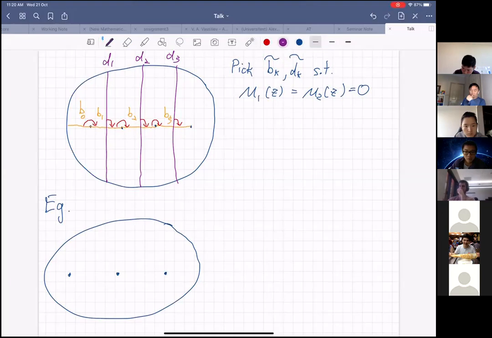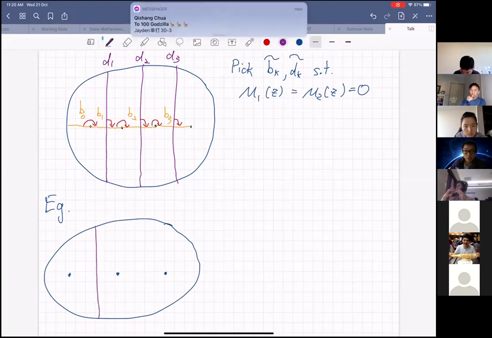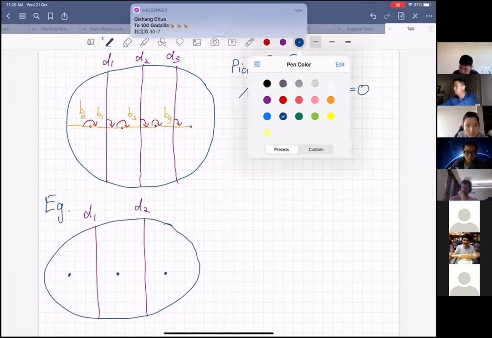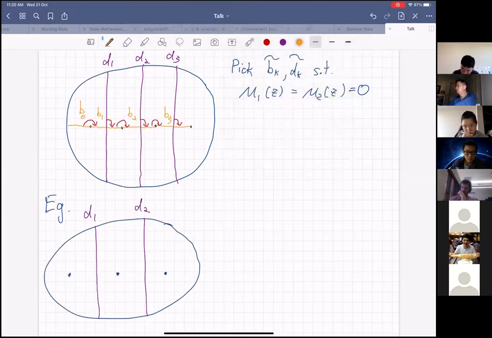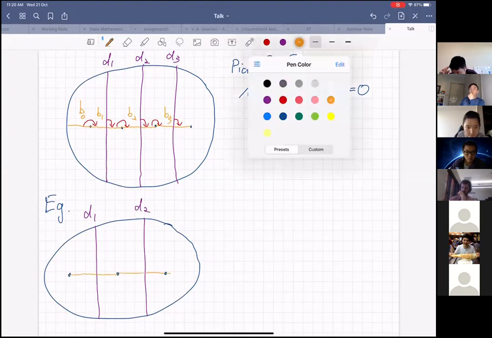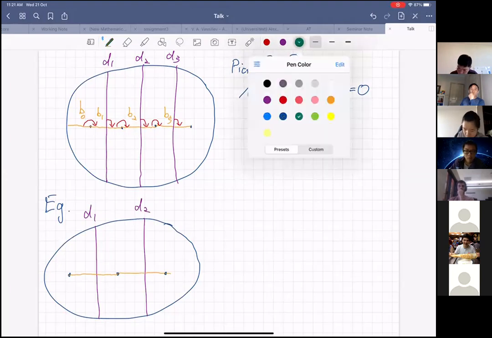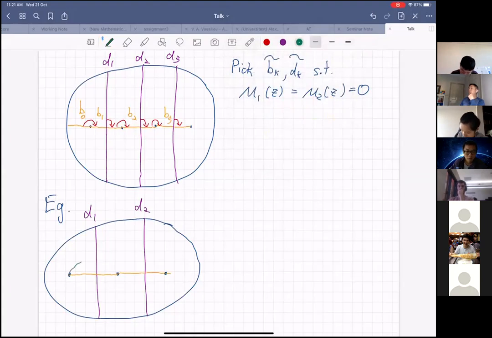And then I get my D1, D2, and my B here. Let's say we want to look at this curve here. Let me draw it. I want to check this curve. Call it C.